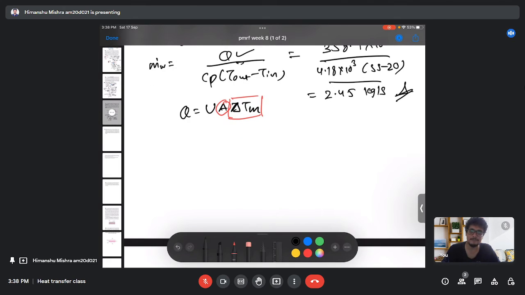Now in this question we have the counter flow heat exchanger, unlike in the previous question where we had the parallel flow heat exchanger. So the values of delta T1 and delta T2 will be different now.